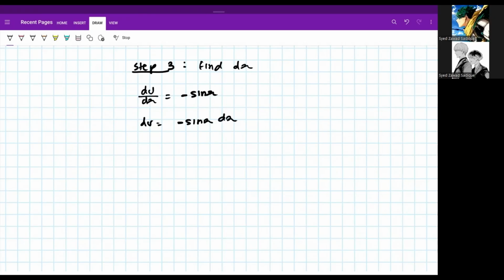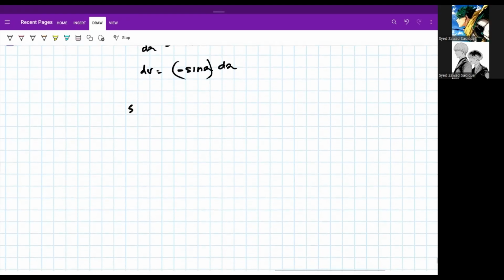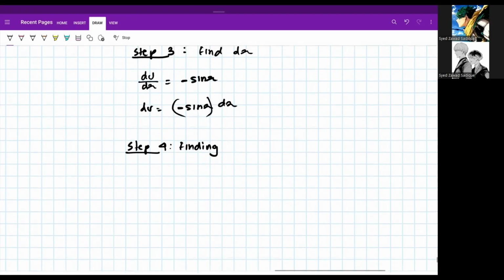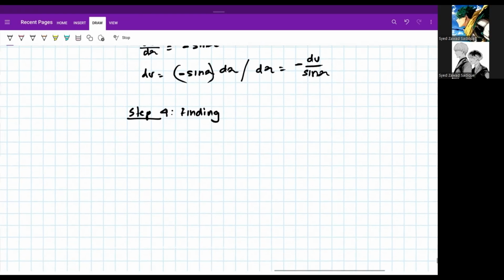Now, you could write du, or you could also write dx is equal to minus du by sine x. Whichever one makes it easier for you to cancel things out.